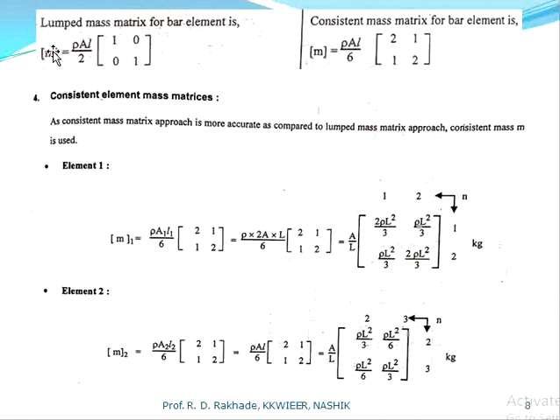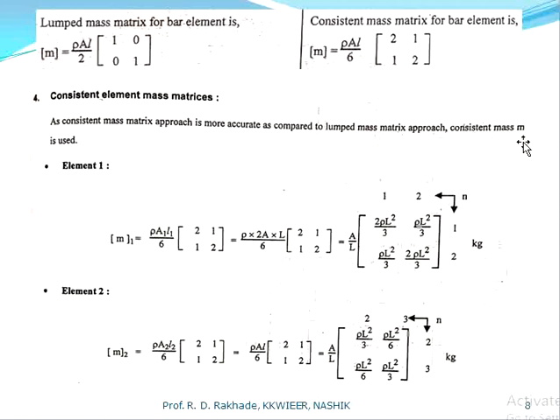So this is lumped. Lumped means the entire mass of the bar is concentrated at the nodes, and in consistent mass, the entire mass of the bar is uniformly distributed throughout the length of the bar. Comparatively, the consistent mass matrix approach is more accurate as compared to the lumped mass matrix approach.